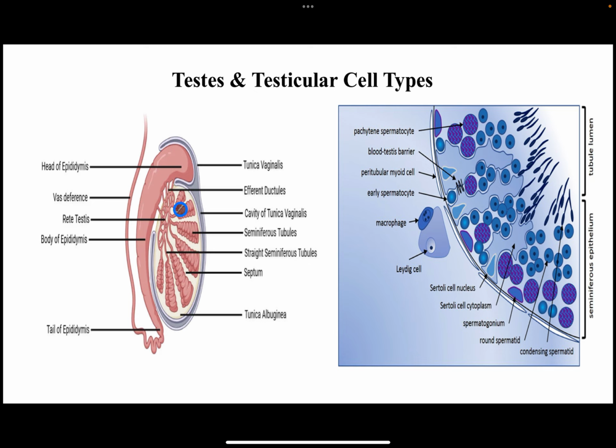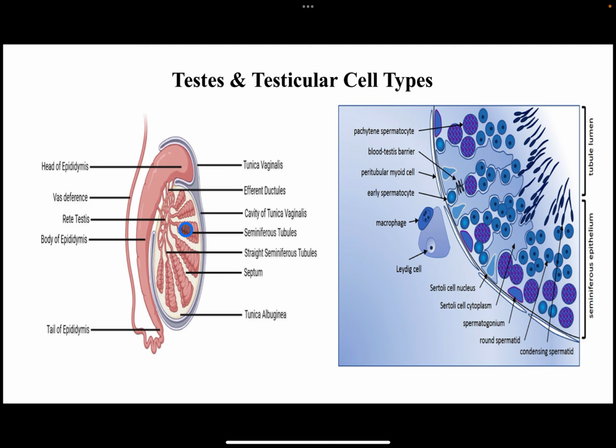Okay, good. So in summary, we have the seminiferous tubules. In between the seminiferous tubules, we have the septum.